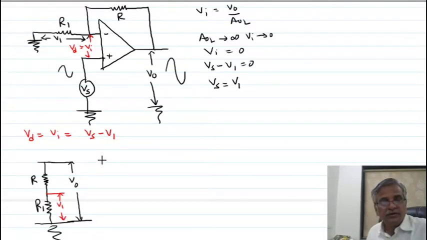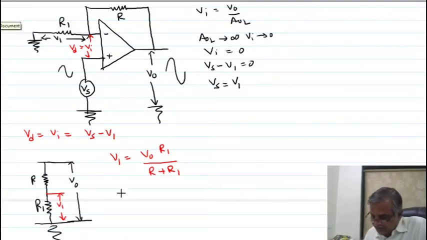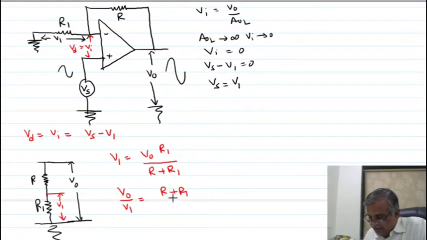So across R1 the voltage you have written is V1. You know the voltage divider equation. V1 is nothing but the applied voltage into this resistance upon the total resistance. I can write VO by V1 is nothing but R plus R1 by R1.